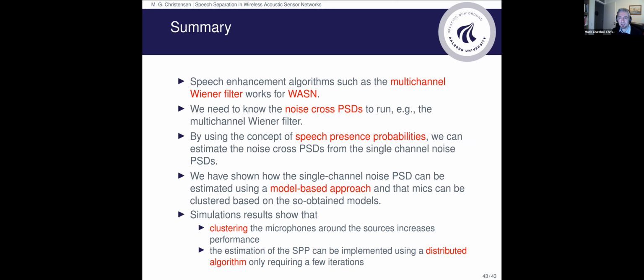So it's entirely possible that you could obtain even better results with, for example, some of the deep learning based methods as an engine for computing some of those things. But what we have here is something that is simple and very operational and could form the foundation for enhancement and speech separation in a wireless acoustic sensor network.